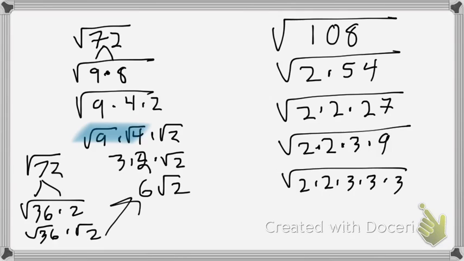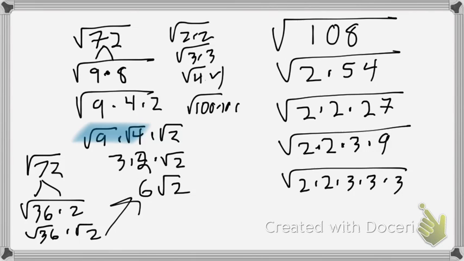Now keep in mind, if I ever have the square root of 2 times 2, square root of 3 times 3, square root of 4 times 4, square root of 100 times 100, square root of 17 times 17, by the nature of these, I'm going to get that number, because keep in mind what the square root says is this is a number times itself, right?